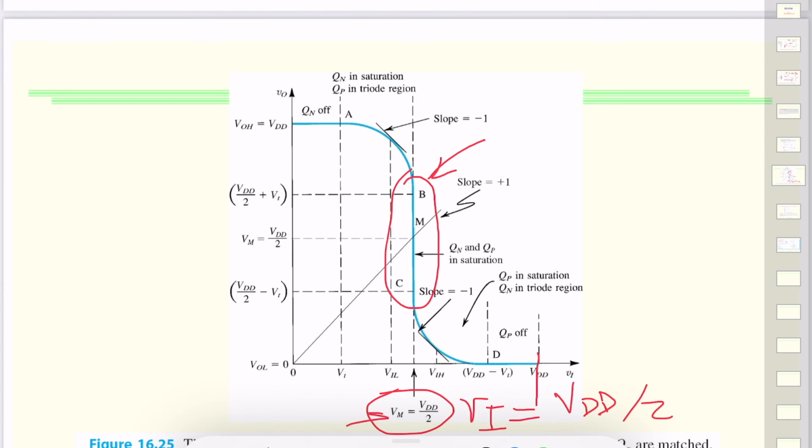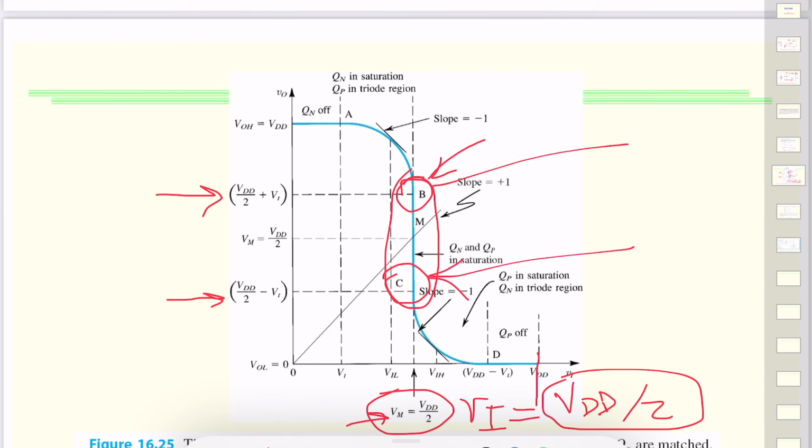We'll come to the noise margin later on. But this vertical segment is bounded by the output here that occurs at this point, and the output that occurs at this point. So the input is at this point, but the output is bounded by these two values.